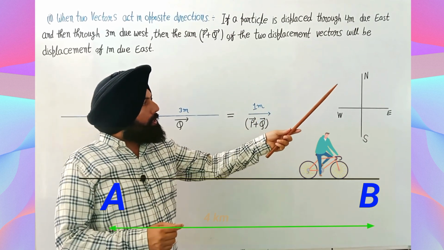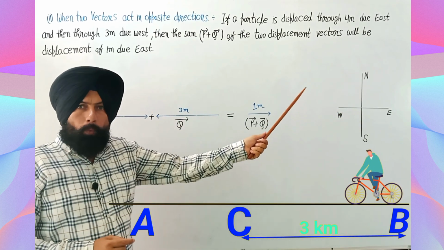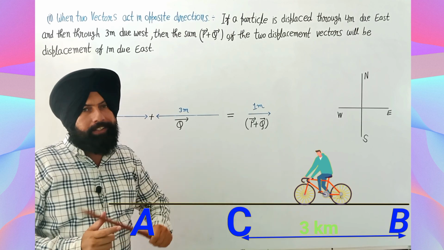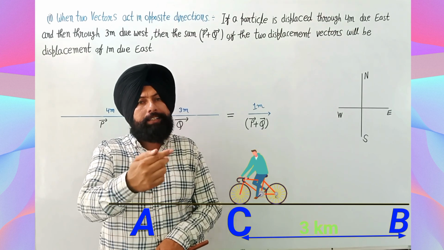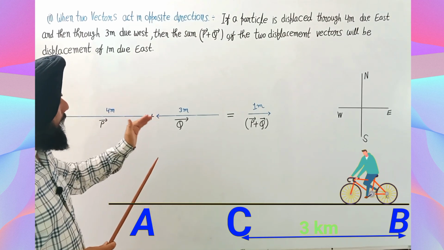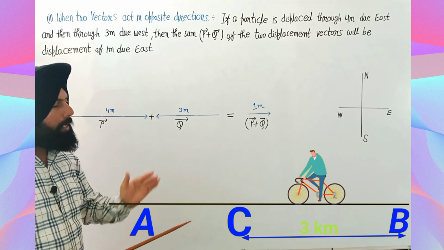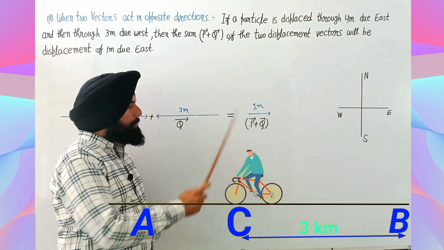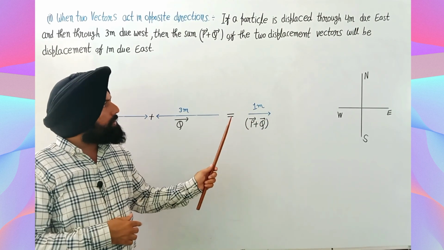Now he is coming on the cycle from east to west direction, and it covers 3 meters during second journey. So what is the addition of displacements, means the vectors? In this case, P vector plus Q vector is 1 meter towards east. Toward east is the result.